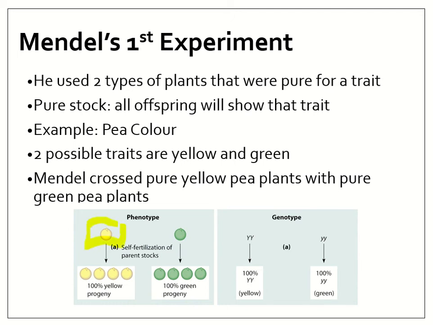So if you crossed yellow with yellow, every single offspring would be yellow. If you crossed green with green, the offspring would all be green. That's what is meant by pure yellow and pure green: all of the offspring would only show the same trait. So that's what he used first.